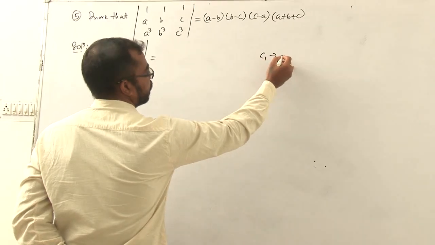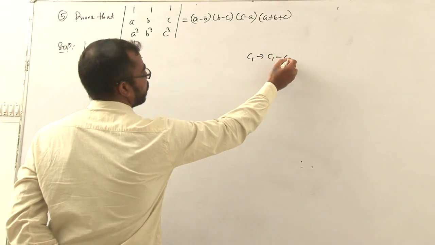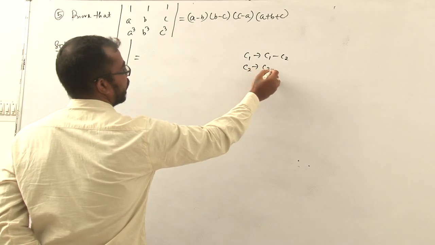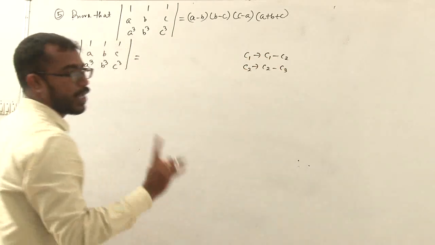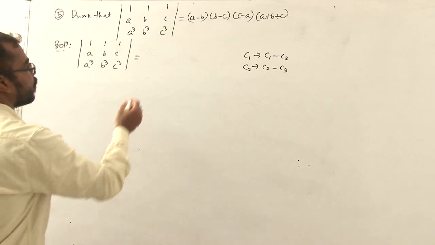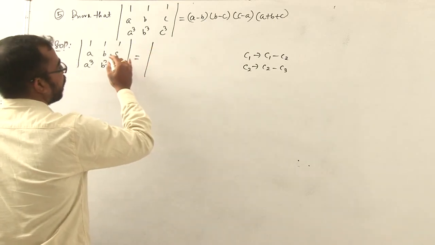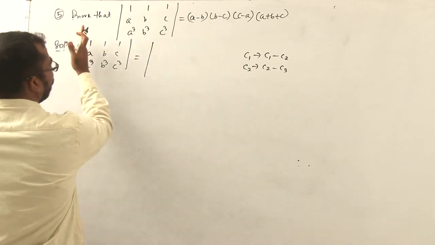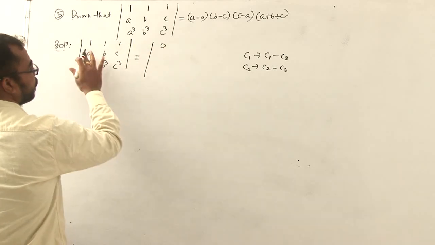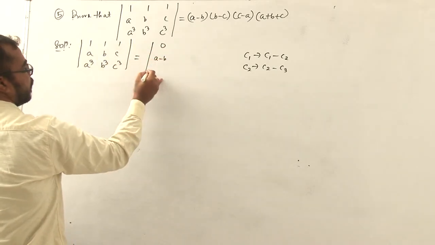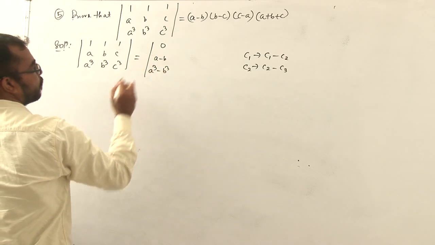Suppose C1 minus C2, in column 2 place C2 minus C3, written in cyclic order. So in column 1 you can write column 1 minus column 2, that is 0, and that is A minus B, and that is A cube minus B cube.